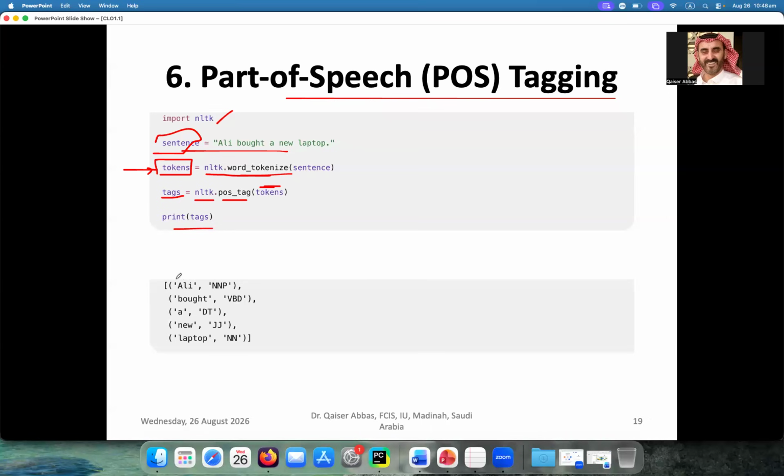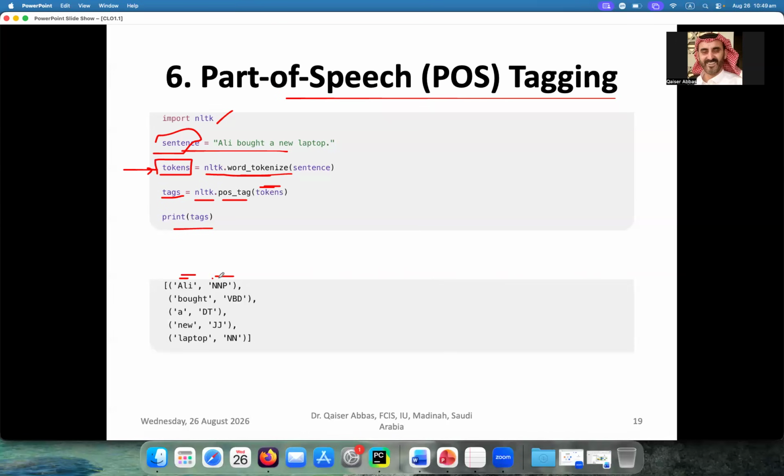And what will be printed? The word Ali will have NNP. NNP means proper noun. NN normally means noun. Here, this is the tagging from Stanford University. Mostly the things available in NLTK were built by students of Stanford University, and the modules they built exist here as open source.